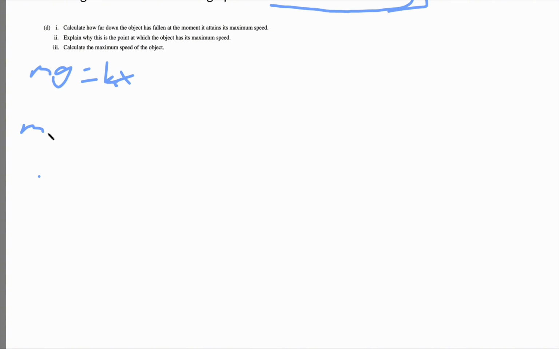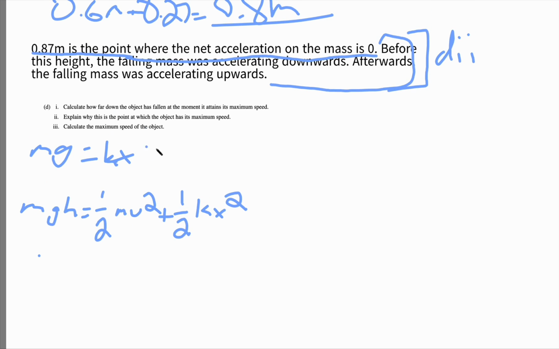Back to our gravitational potential energy being equivalent to our kinetic energy plus our elastic potential energy. Because once it hits that 0.6 meter mark, some of it will be transferred into elastic potential energy and kinetic energy at the same time. It's only after we start accelerating back up when we convert some of this kinetic energy into elastic potential energy as well.